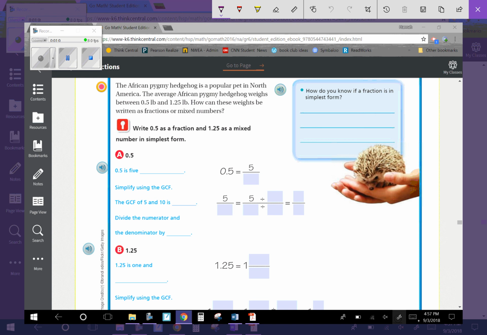So over here on the blue it says, how do you know if a fraction is in the simplest form? Okay, and the way you would know that is if the numerator and the denominator only have 1 as a common factor.